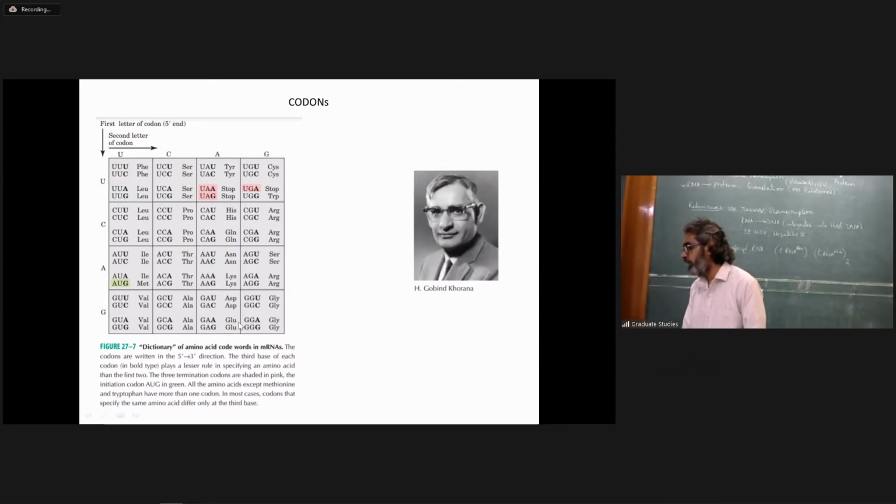For example, methionine is AUG, only one codon, and the highest is 4. So alanine 4, threonine 4, valine 4. Leucine there are 6. Amazing, right? Proline 4, serine 4, histidine 2, glutamine 2, etc. Glycine 4. Arginine again there are 6.